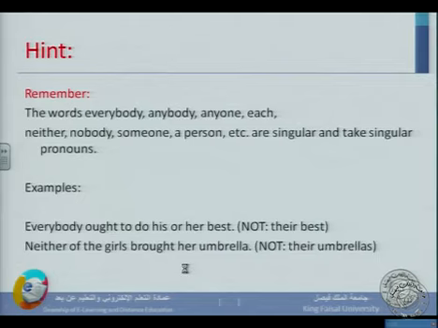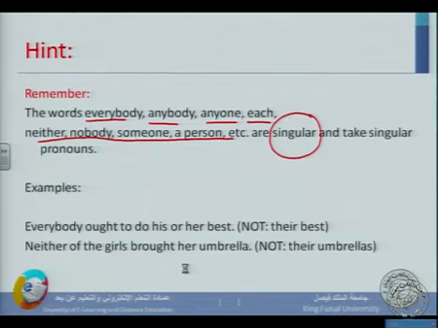I want also to remember that the words like everybody, في عندنا كلمات مثل everybody, anybody, anyone, each, neither, nobody, someone, a person, هذه كلها تعامل معاملة المفرد, singular, مفرد. فلذلك الضمير اللي لازم يرجع لها should be also singular.